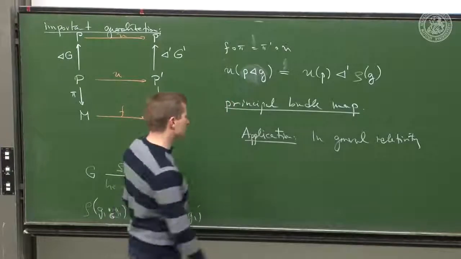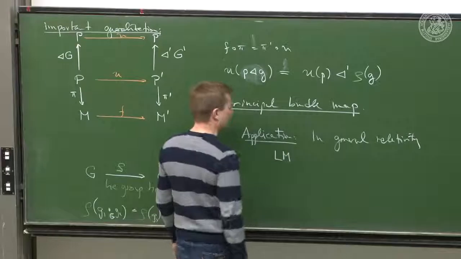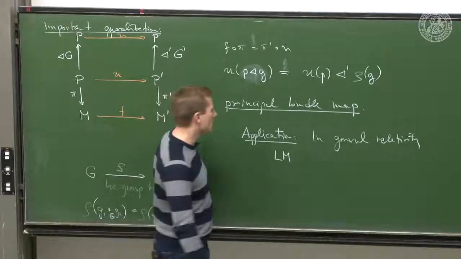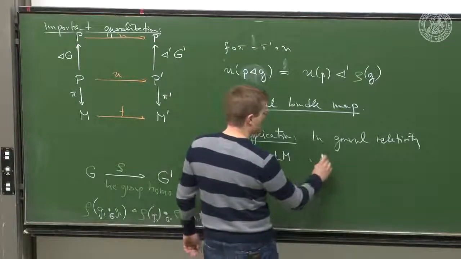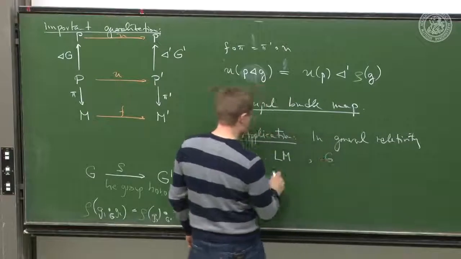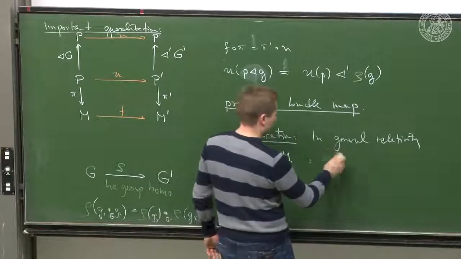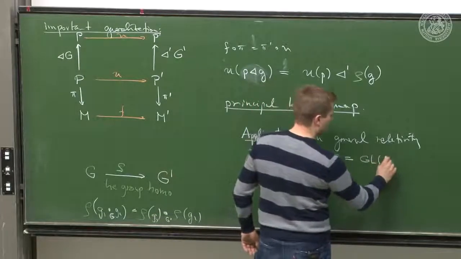And that is, in general relativity, we would often look at the frame bundle over the space-time manifold M. Okay, and this is this guy, and the group that acts on there, so that would be the P, the M is the M, right, and the G is GL(d, R).